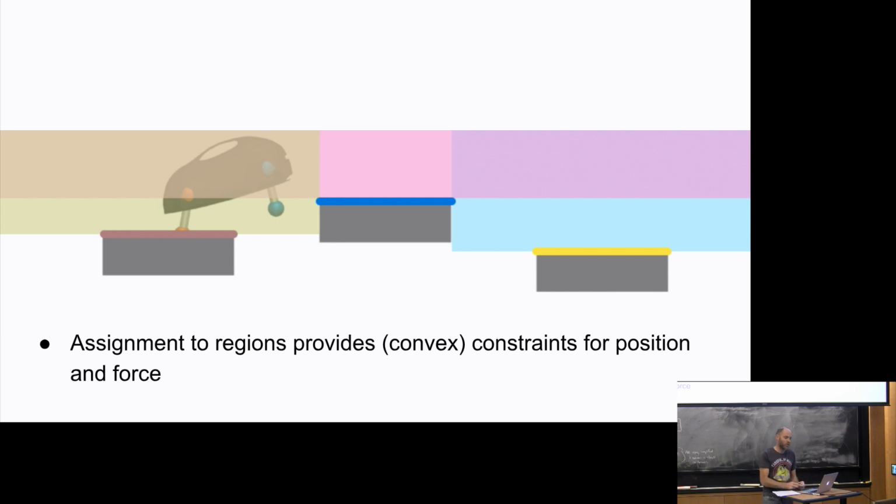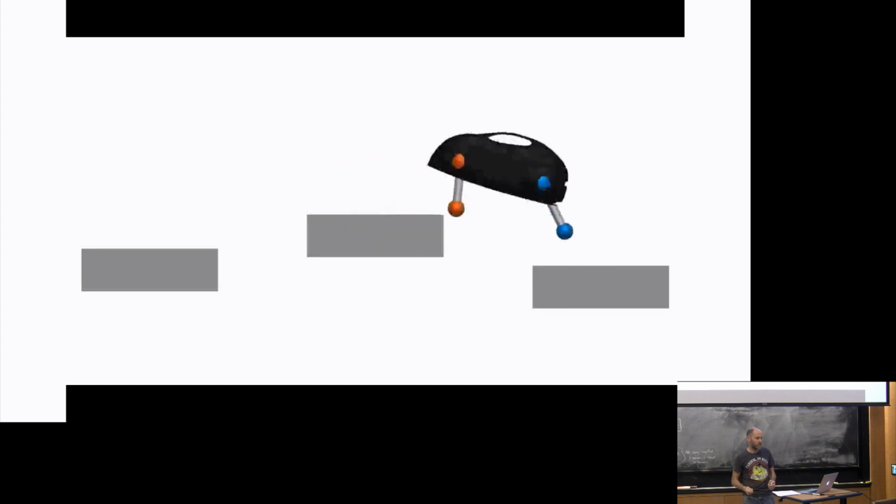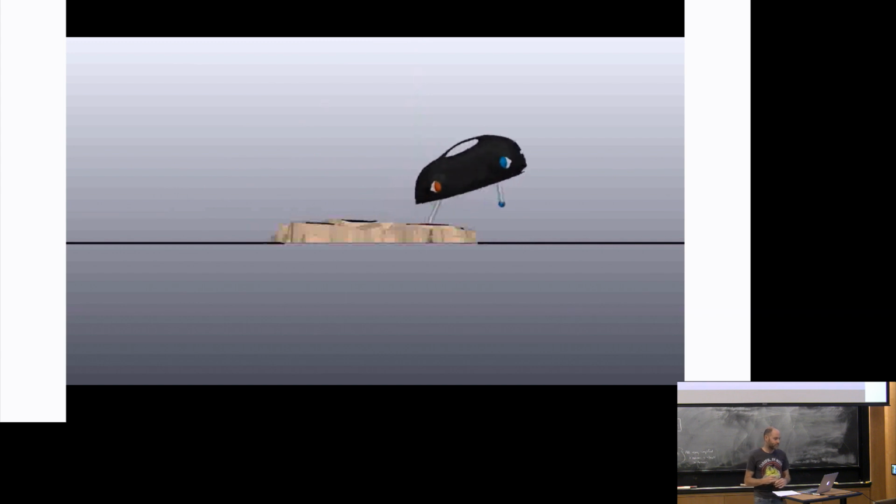And each of those individually are convex constraints, but the assignment problem becomes an integer constraint in our optimization. But if you put that in, you can have a mixed integer convex optimization that can plan more dynamic, more aggressive maneuvers of the locomotion.